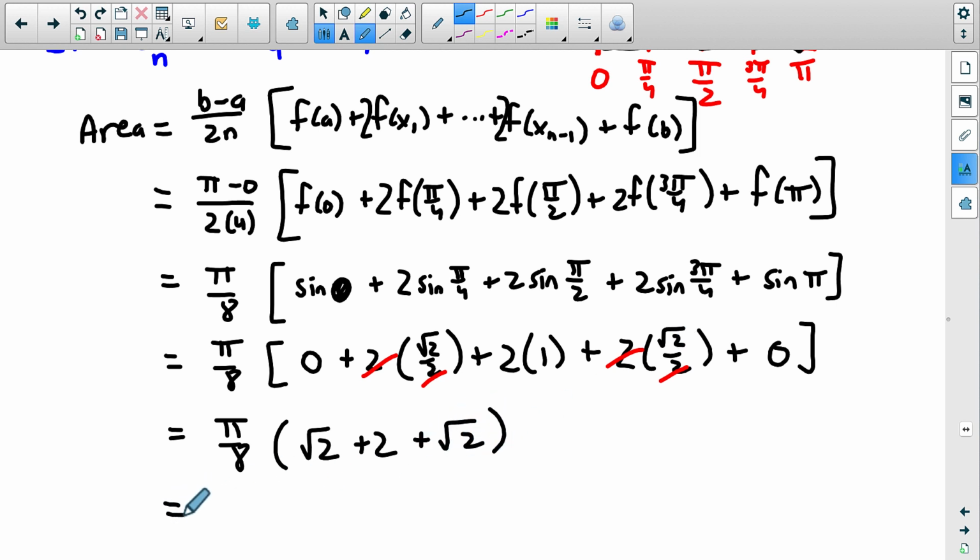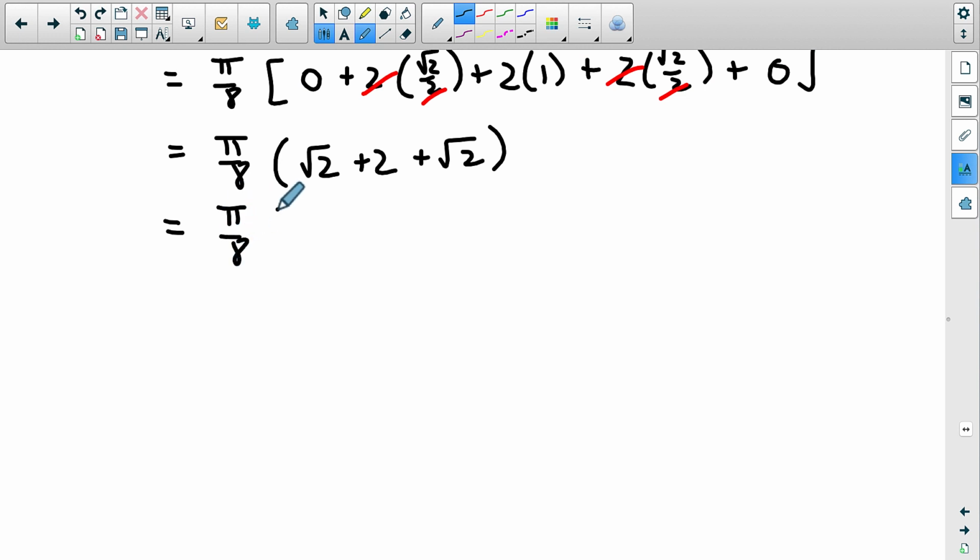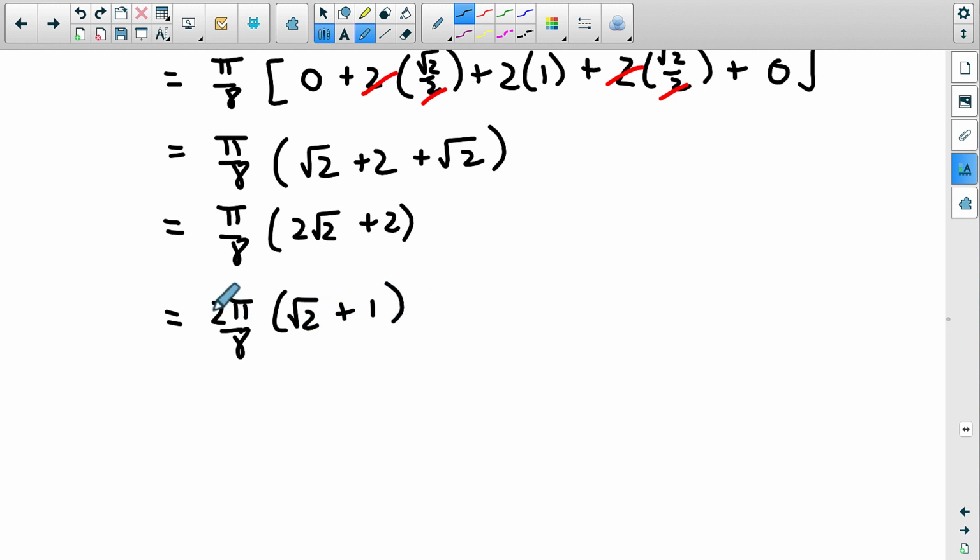Okay, we're almost there. Pi over 8. 1 root 2 and another root 2 is 2 root 2. Plus, I still have that 2. See what you can do next? You can factor out a 2 from both of them. So factor out a 2 and you'll now have a 2 out front. And what's left is root 2 plus 1. But wait a minute, you got 2 over 8. You can put that in those terms.